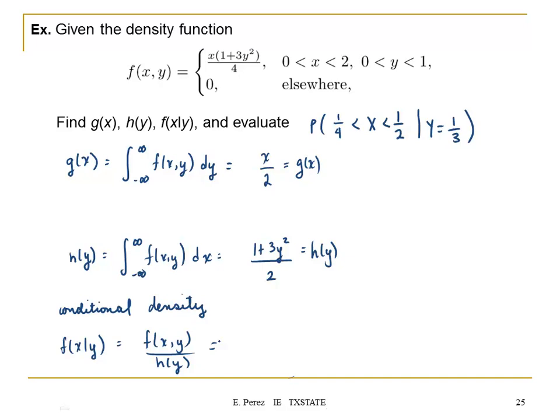We know the joint density is given, so that's x times 1 plus 3y squared divided by 4, and all this divided by 1 plus 3y squared divided by 2. As you notice, this cancels, so you get x over 2.